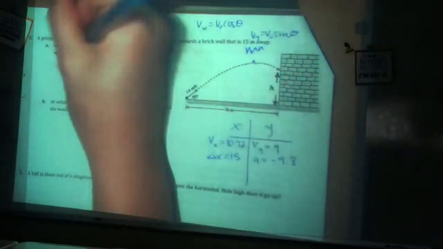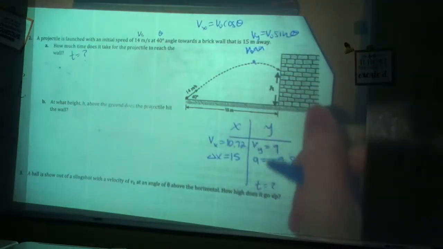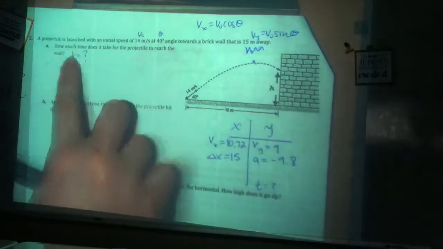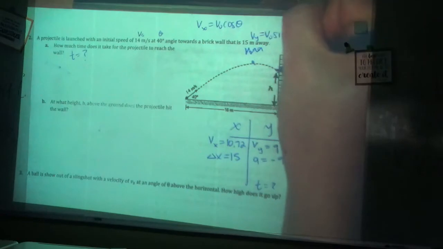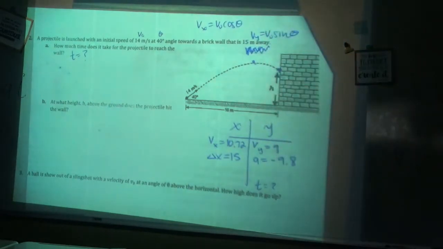And we are looking for time. So normally we would use the v equals v naught plus at, but I don't know the y velocity because what I'm looking for is the time it takes to hit the wall. My y velocity is not 0 here. It's 0 here, so that I can't use v is 0 at the top.